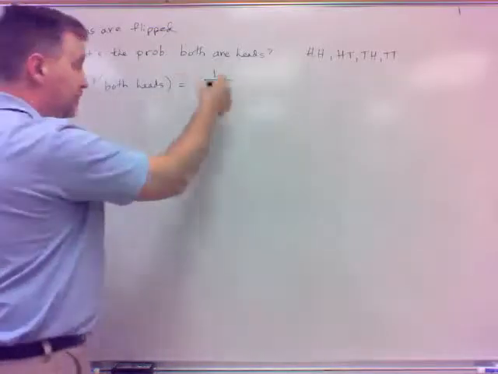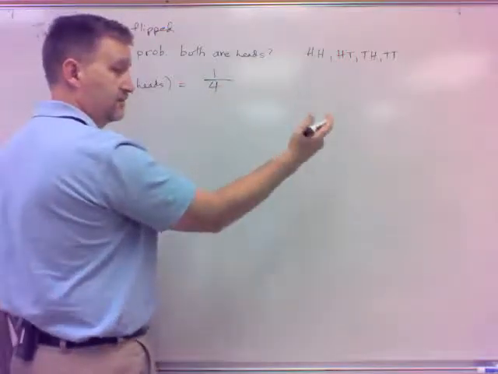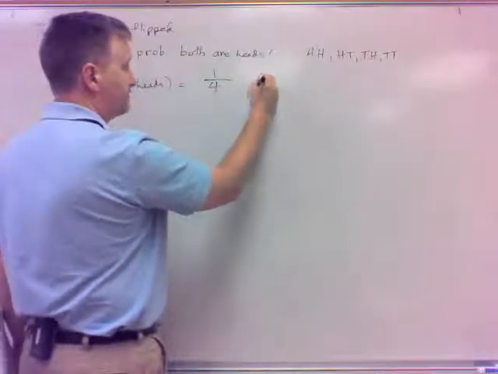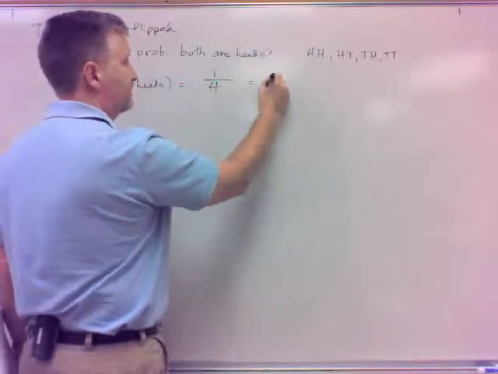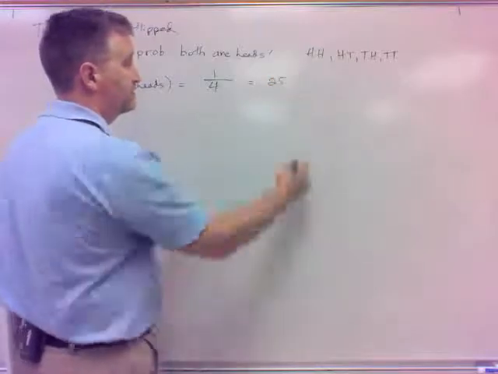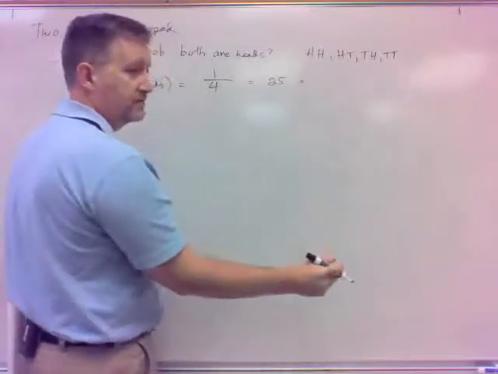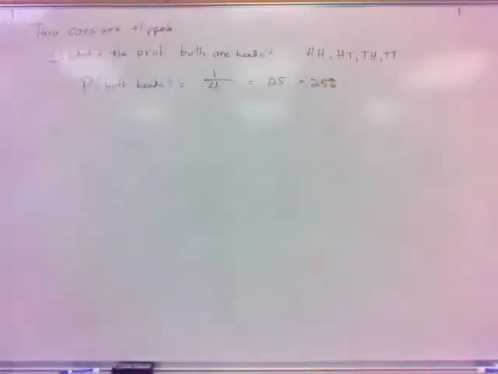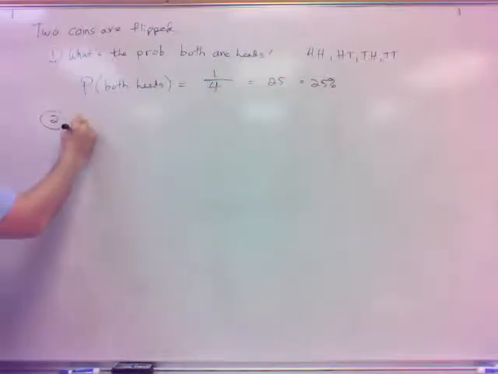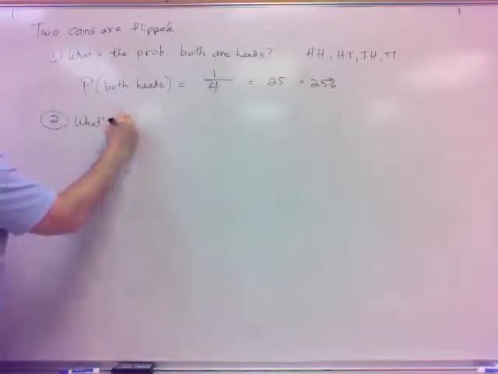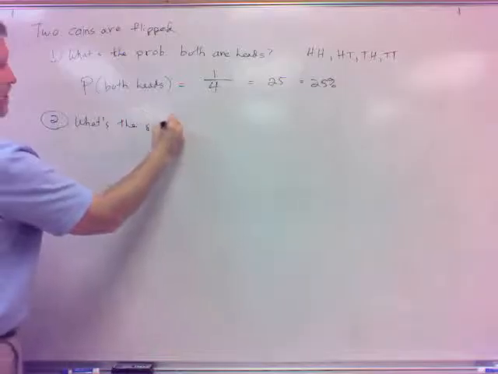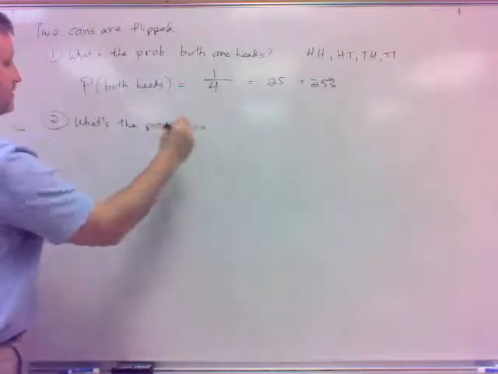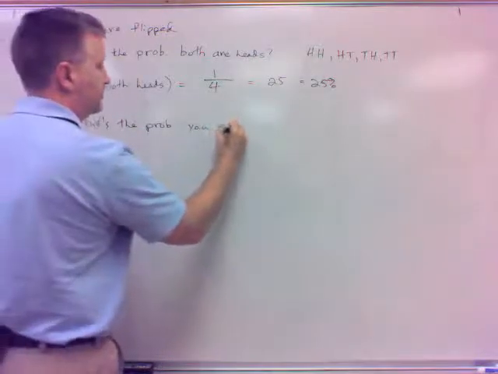The book will go with the fraction, but make sure you understand it correlates to a decimal, and 0.25 as a percent is 25%. Now, number two, I may also ask you what's the probability you get exactly 1 tails?